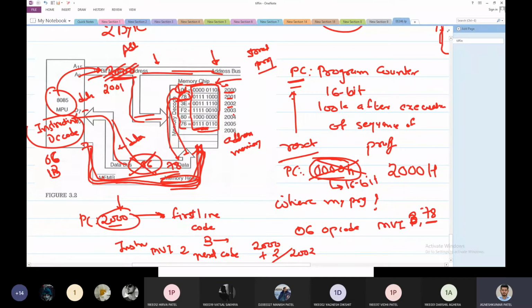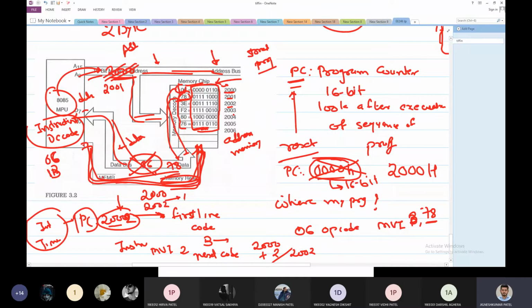Automatically the content of the program counter will be updated and shifted to 2002. This will be done using the instruction decoder and your timing and control unit. The two parts will combinedly change the content of the program counter, and it will directly become 2002. So earlier it was 2000, now it has become 2002.